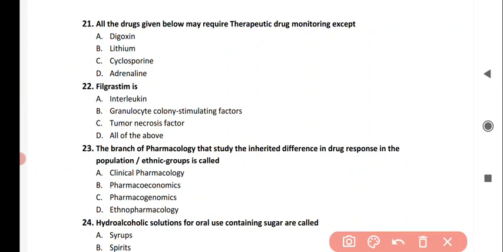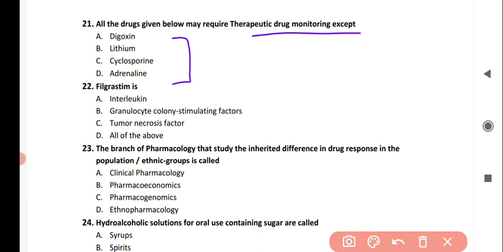The next question is, all the drugs given below may require therapeutic drug monitoring except. So here we have to find that which drug will not require therapeutic drug monitoring.